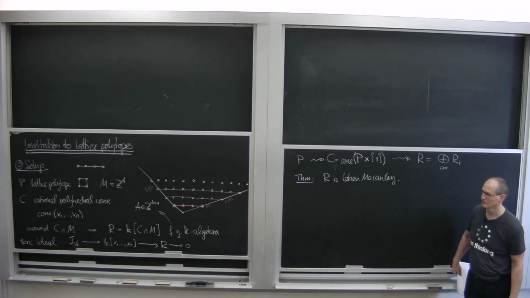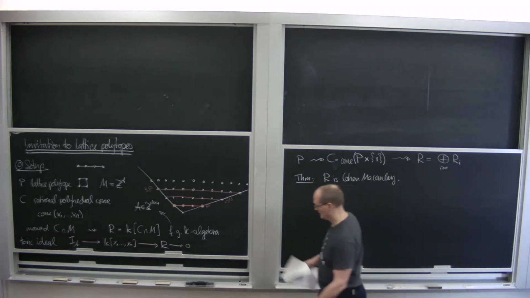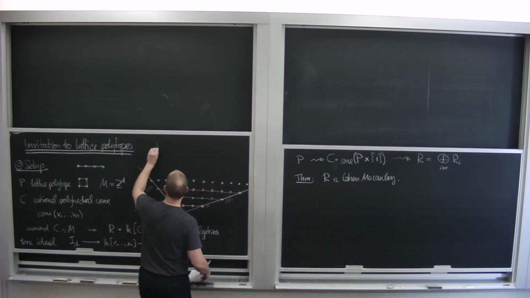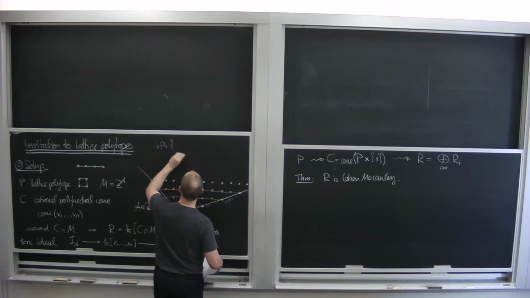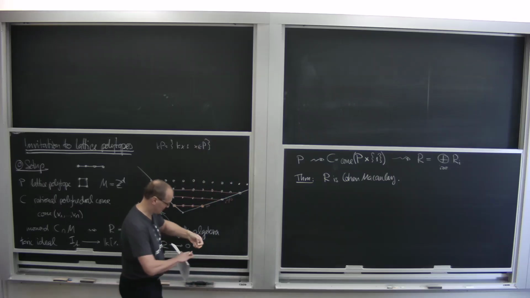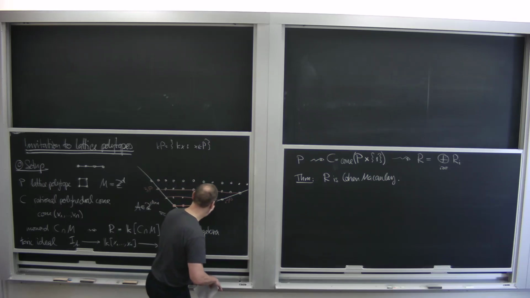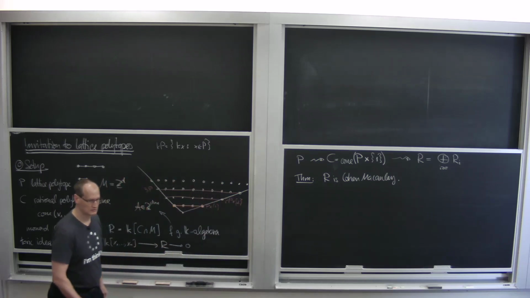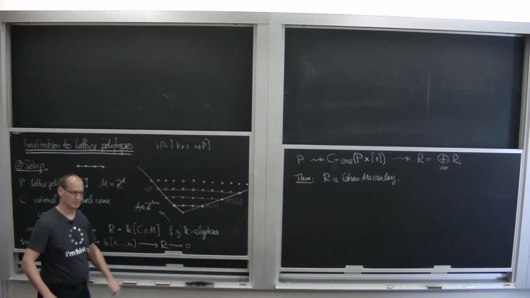Actually, by 2P, what do you mean in this case? A times P, so P times X. But really what this is, is P times 2, the dilation. Yep.